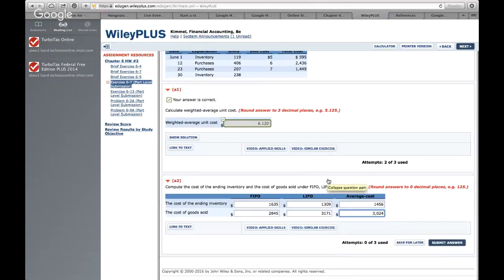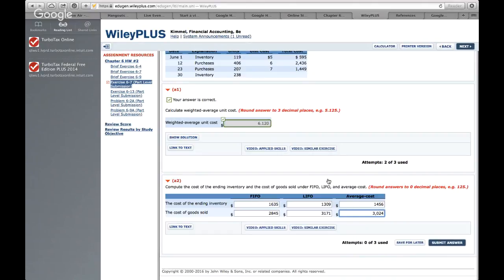Now the next one, I haven't submitted to see if these calculations are correct, but just from reviewing, I think I understand it somewhat. So FIFO, F-I-F-O, basically stands for first in, first out. What we're going to do with that is start from the bottom and go up from there.